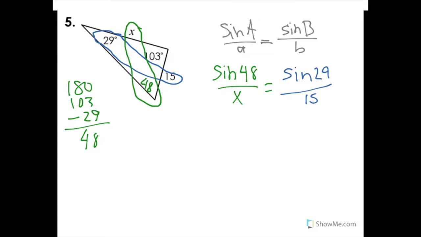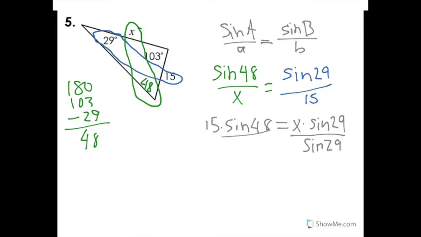And then cross multiply. So 15 times the sine of 48 is equal to x times the sine of 29. Divide by sine of 29 to get x by itself.